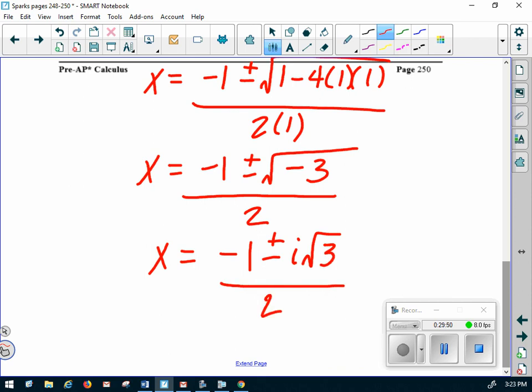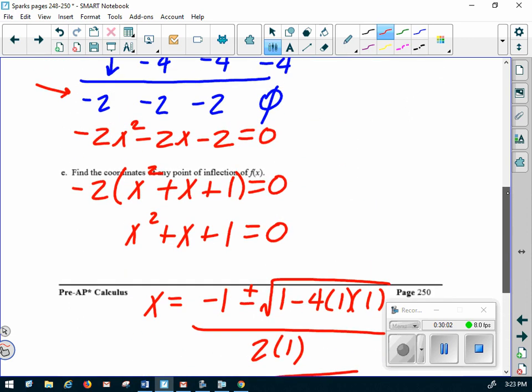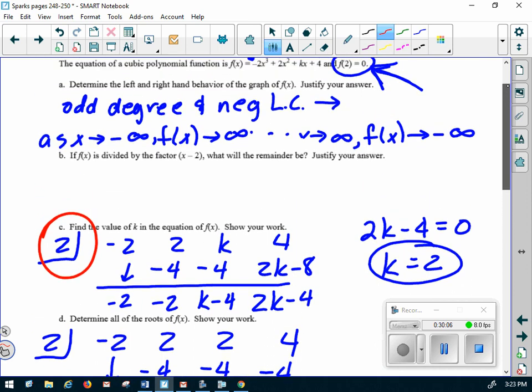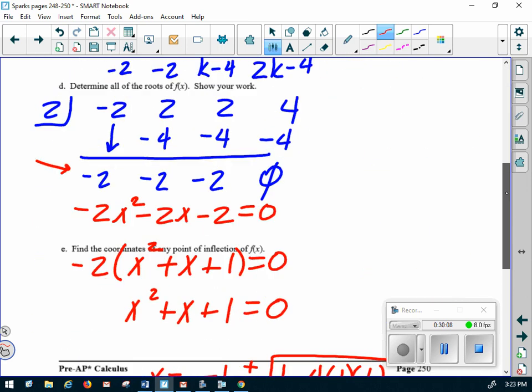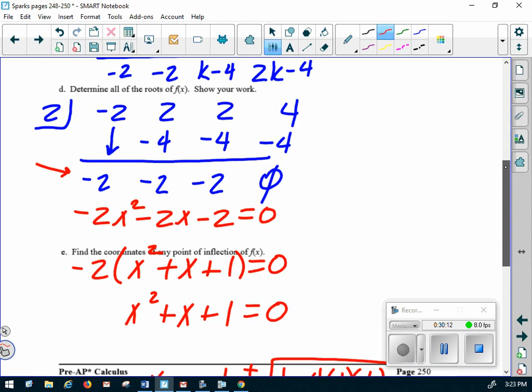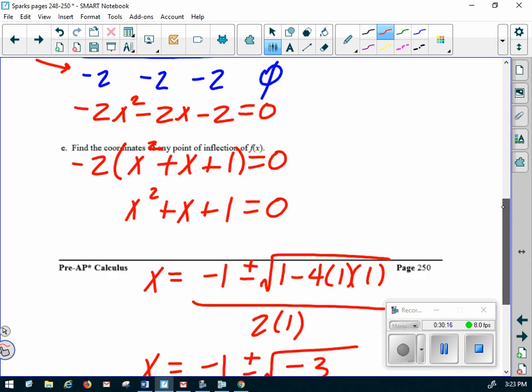So there are 2 of your answers right here. And your other answer was x equals 2. So this function's got 2 imaginary roots and 1 positive real root. And because it was cubic, that's all I'm looking for. So that was the answer to that part, right? Find all the roots, show your work.